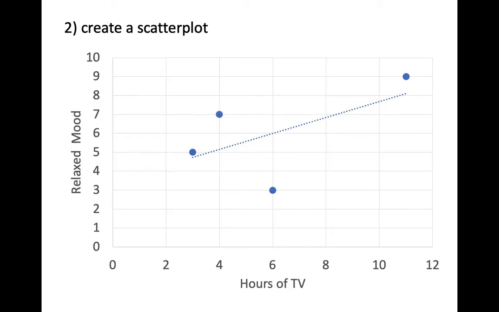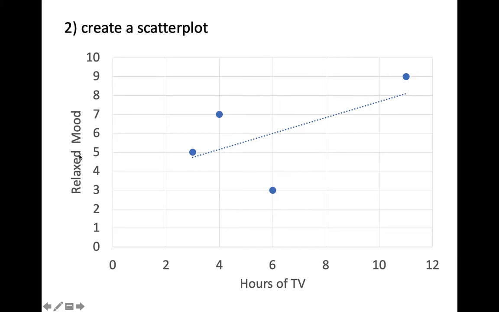Create a scatter plot. So you should have something like this. I also overlaid the regression line, or the line of best fit, but your scatter plot should look something like this. And in a scatter plot, there are a couple main things. It's important to properly identify the X variable and the Y variable. That is, what is the predictor and what's the outcome.